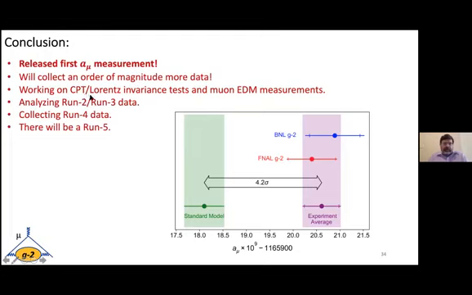We're able to use the data to test CPT Lorentz invariance, as well as measure the muon EDM. Right now we're analyzing the run 2, run 3 data. We're just finishing up collecting our run 4 data, and we will have a run 5.